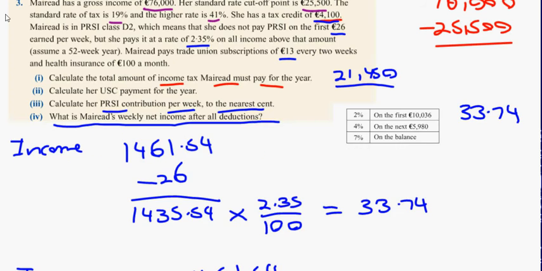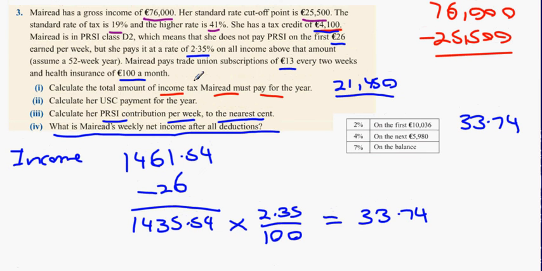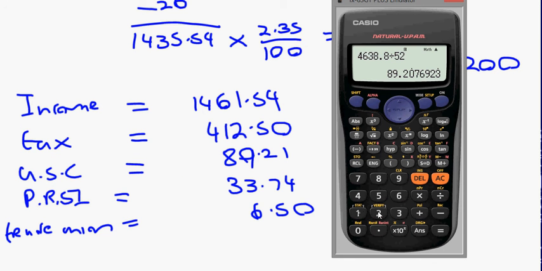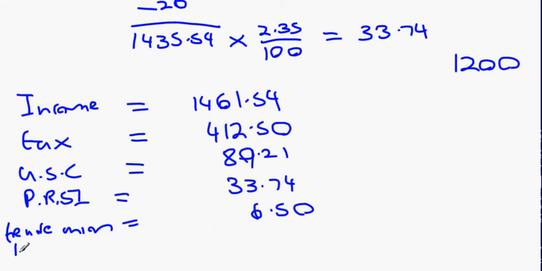And then finally, she pays health insurance at 100 a month. 100 a month is 1,200 a year. 1,200 divided by 52, and what we get here is €23.08 for health insurance.